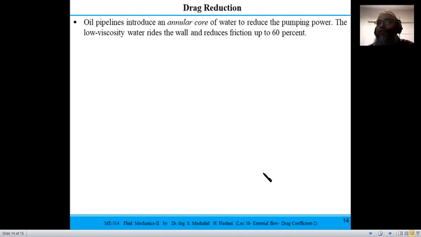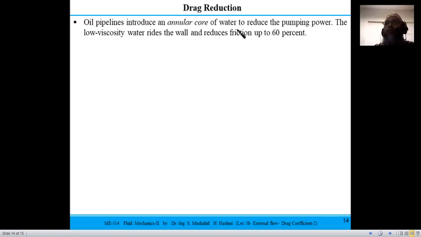This drag reduction contributes quite a lot in the case of pumping power, not in external flow but even in internal flow, when fluid is flowing inside bounded walls, then the friction occurs at the fluid and solid interface. So what they do in oil pipelines is introduce a low viscosity fluid in the annular core of the water.